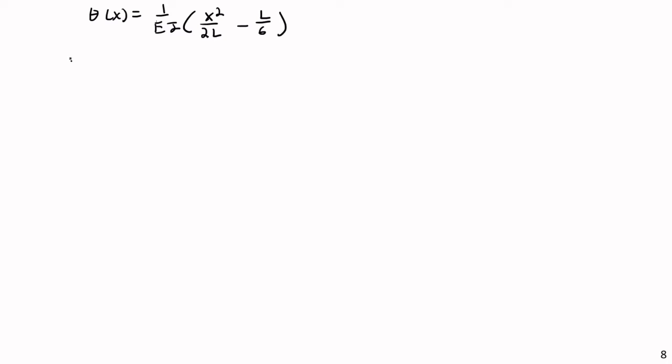Now I'll get the rotation at the points I'm interested in. Theta AB, again the rotation at A from the couple at point B, for this beam is just equal to theta at 0.